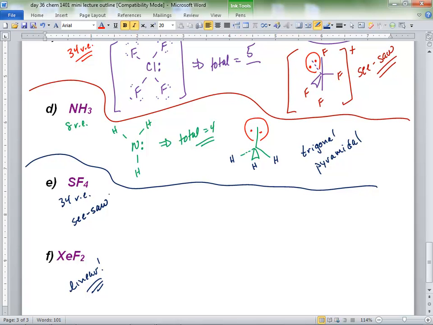And don't forget to put the F's on there. They're going to want to see them. Nice. Now you need to put 3 lone pairs on. There's 1. There's 2. There you go. Nice. See that? Very good. So you draw nice and neat like that?